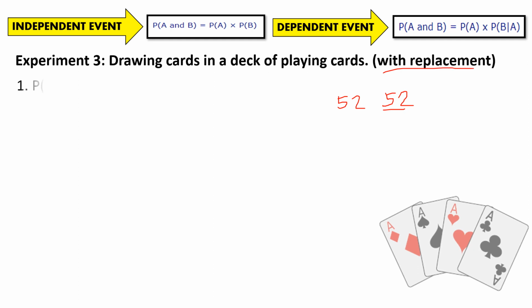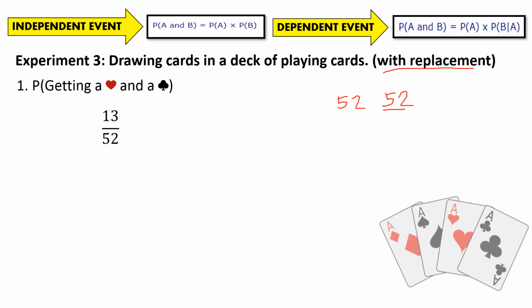So let us now have the following. For experiment number 3, this is under independent event because the total sample space remains the same, not affected by the previous event or experiment. For number 1, probability of getting a heart: we have 13 hearts, so 13 over 52.